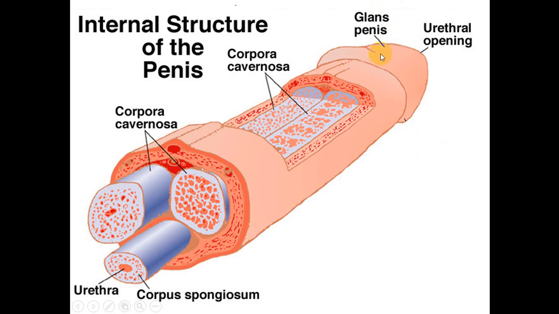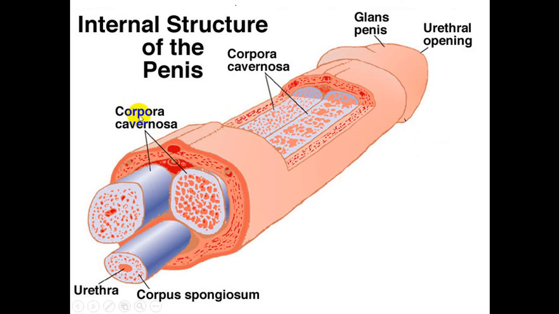And the prepuce has been removed, that's the foreskin. Then the urethra is inside it. We have the corpora cavernosa. These are two erectile muscles, and they contract so that the penis will erect.